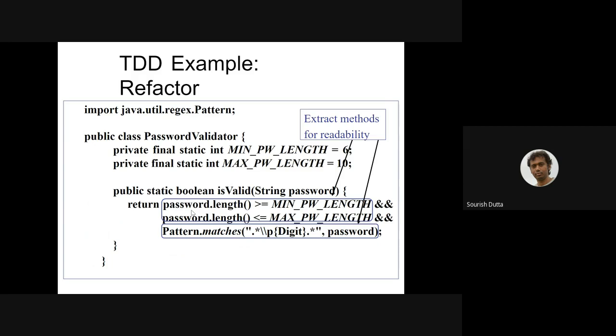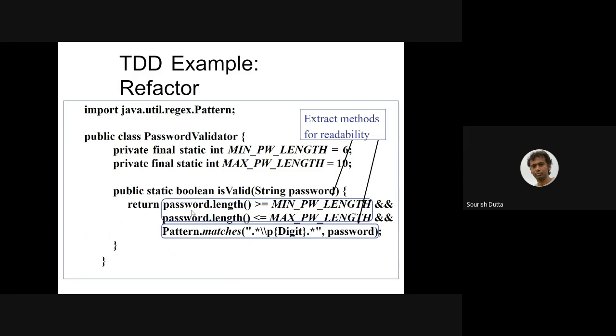Now, can we again do refactoring? Yes, we can do that. We can break these two conditions into two different methods. So we can extract this pattern matching into a method, is digit present, or something like that, is minimum 1 digit present, whatever name we can give it, because our behavior is not changing, it all becomes a private method.